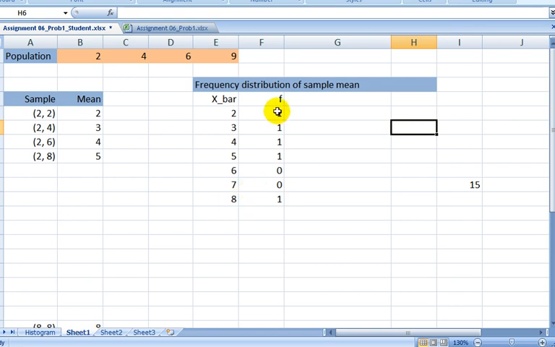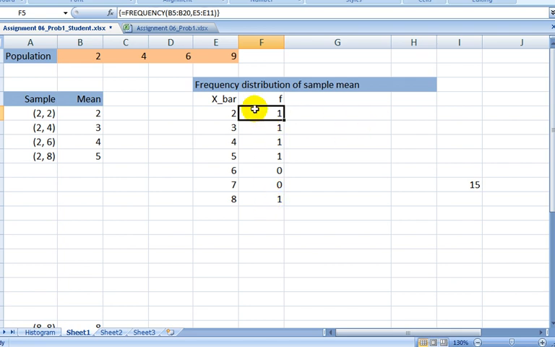And then we calculate the frequency for each one of the sample means within these numbers here. The formula is given to you. All you need is to fill out this column here, and the frequency distribution will be generated.